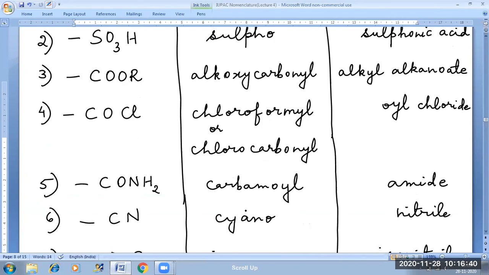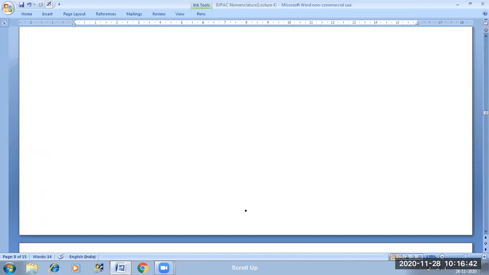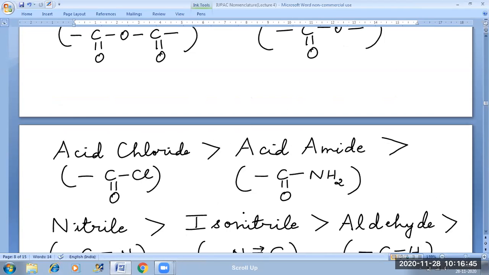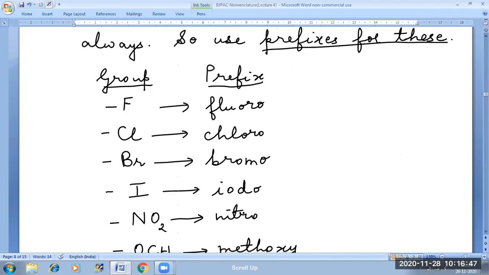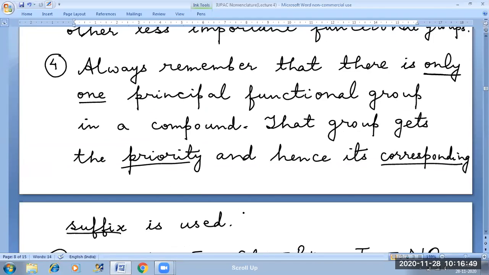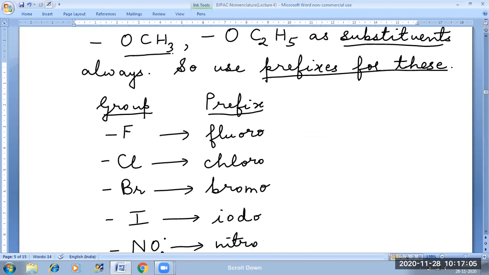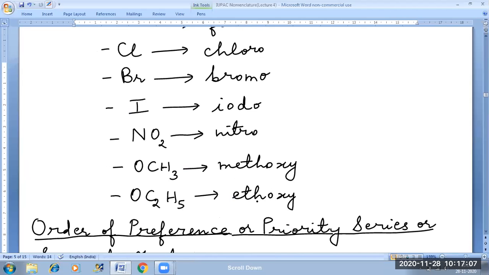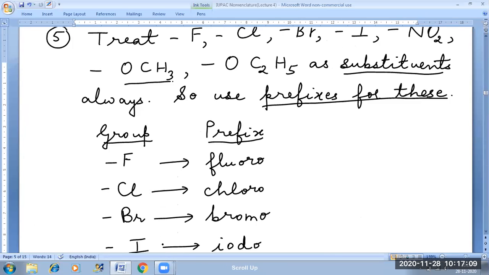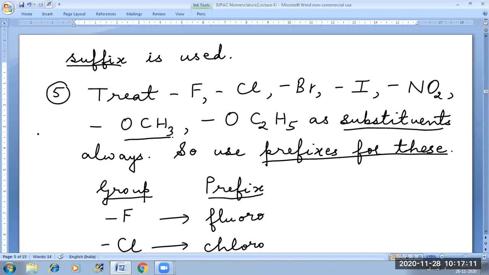If you go to the set of rules, you will find that the fifth rule has clearly mentioned that OCH3 is always a substituent, and hence OCH3 is going to be used as a prefix. OCH3 here is methoxy. Whenever you see any of these, the fifth rule is extremely important.